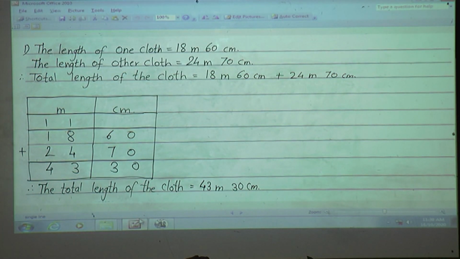The length of one cloth, that is 18 meter and 60 centimeter, and the length of the other cloth was 24 meter and 70 centimeter, and we have to find out the total length of the cloth. So here we have done the addition. So we got the answer 43 meter and 30 centimeter. So the total length of the cloth is 43 meter and 30 centimeter. Understood? Okay.